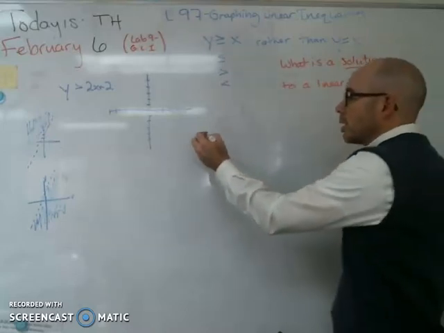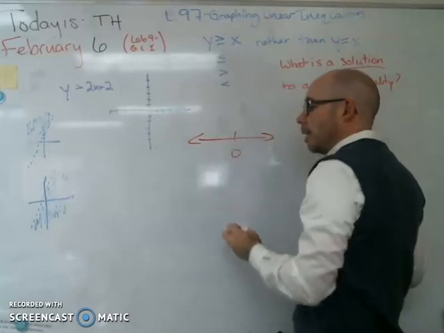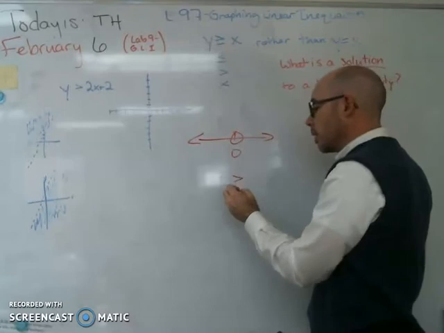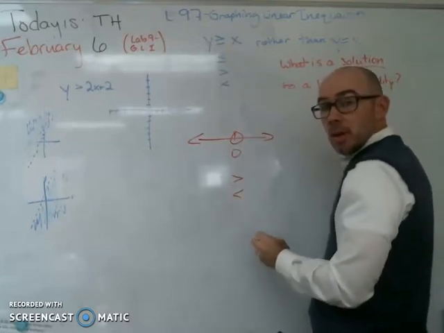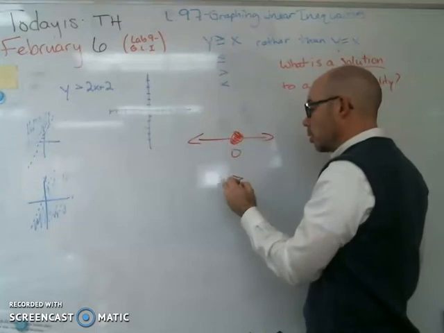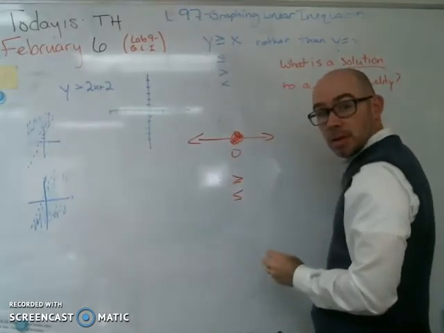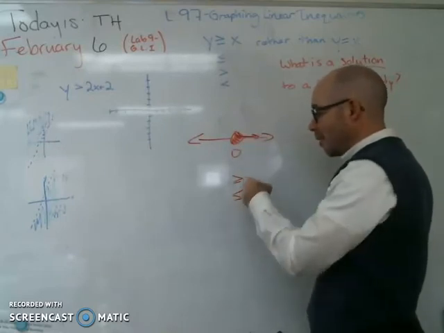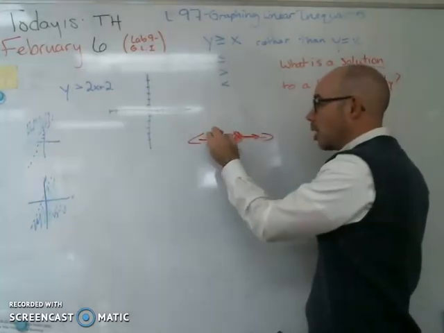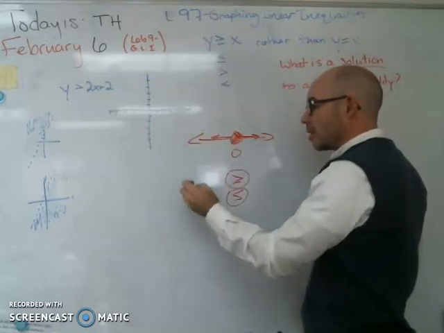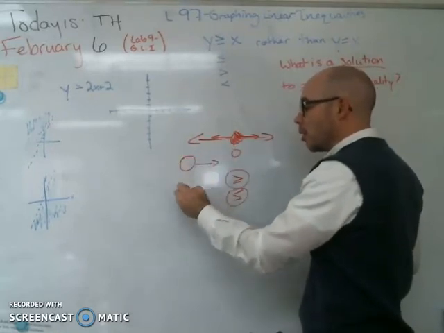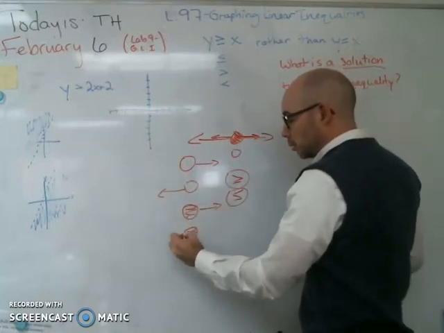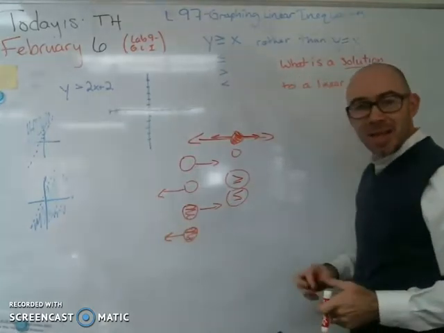When we were doing these with number lines, we had open circles for only greater than or less than, filled-in circles for the ones with equal to, and arrows going to the right or to the left depending on the direction. So we had open or filled-in circles with arrows. We had these possibilities.